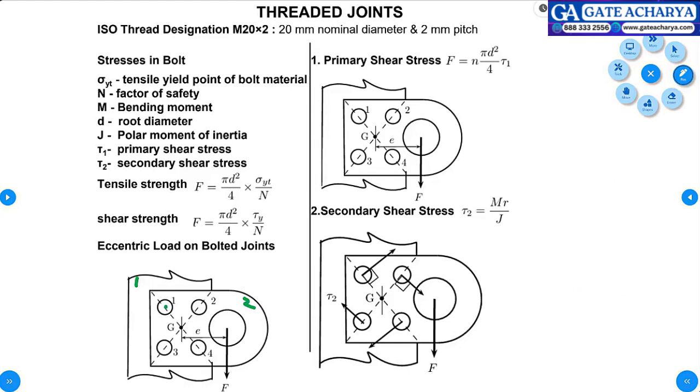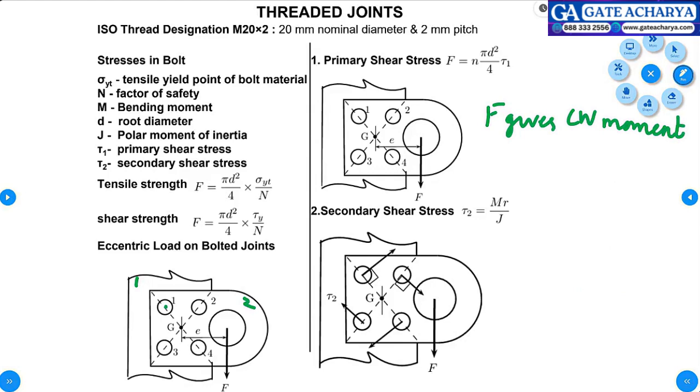What is secondary shear? See what happens. This load will create a moment about the common center of gravity of all the 4 threads. To resist this turning moment, these threaded joints will give rise to one more shear. F gives a clockwise moment.